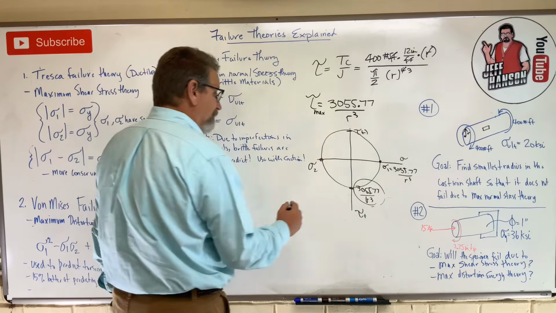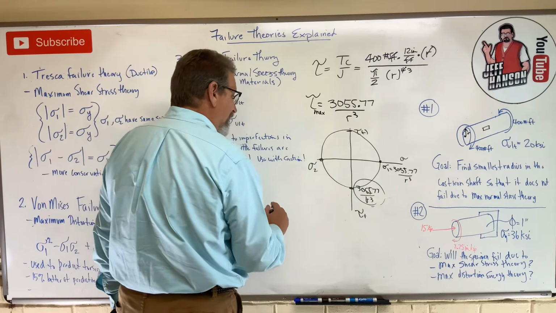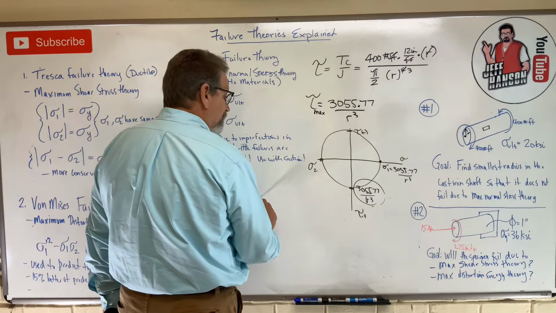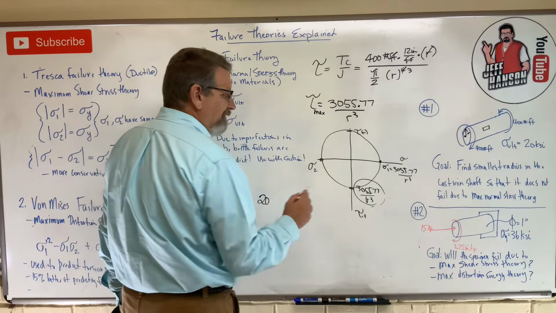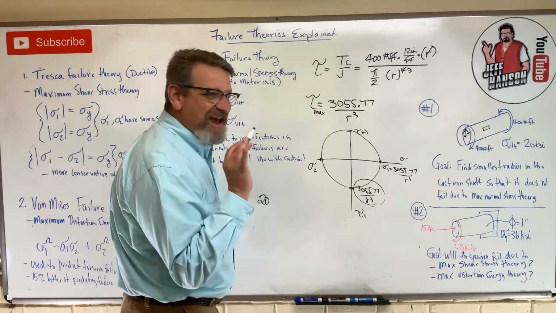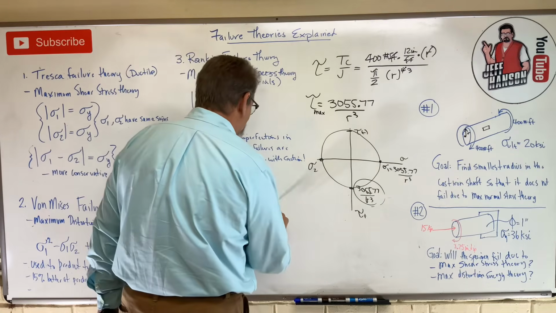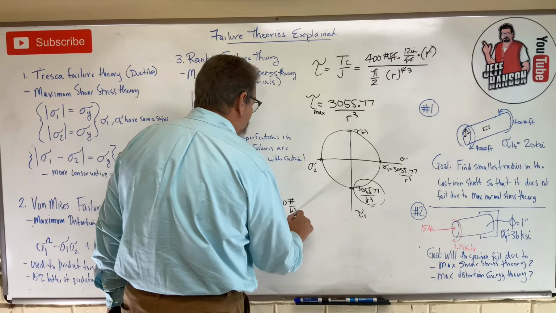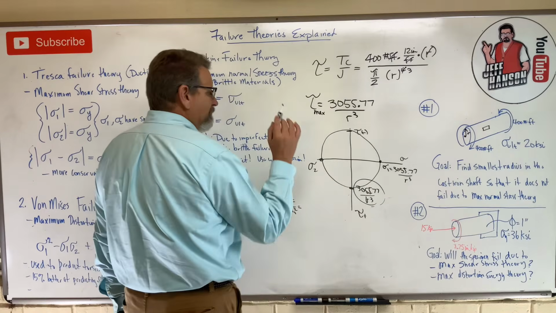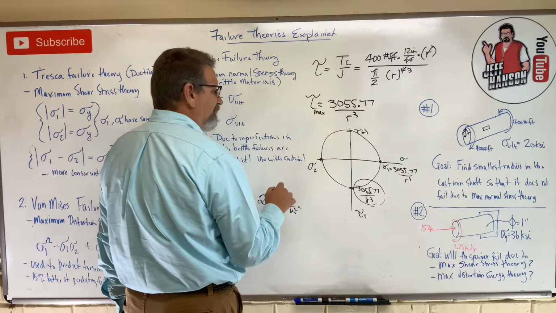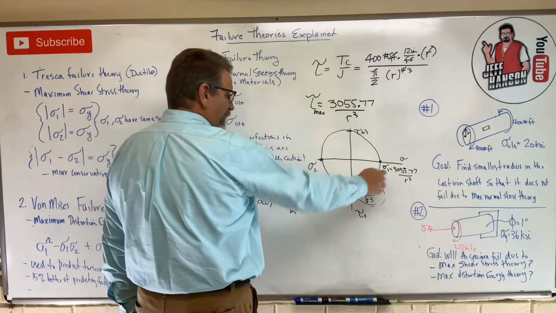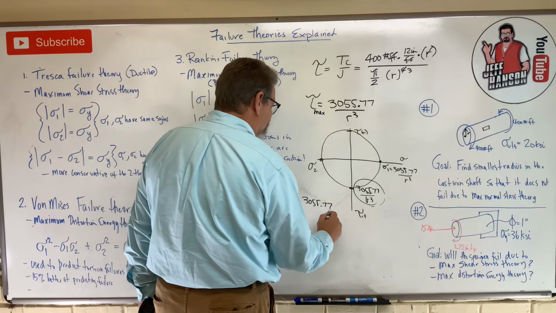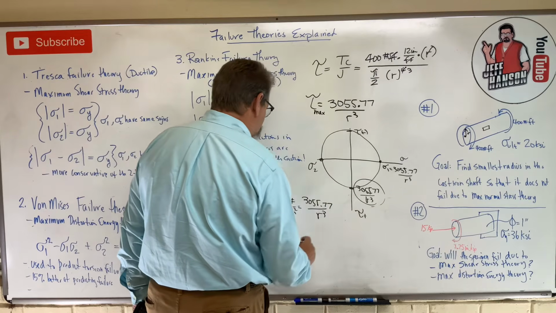So let's try that. The ultimate stress is 20 KSI. So this is going to be 20, don't fall for that little trick, KSI, that's kips, right? 20,000 pounds over inches squared is equal to sigma 1, is equal to 3055.77 over r cubed.